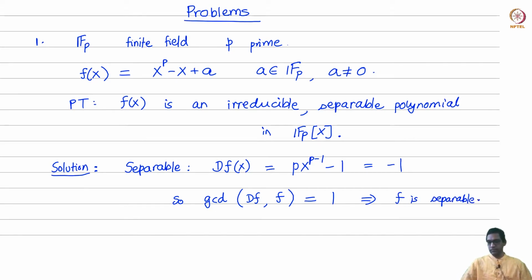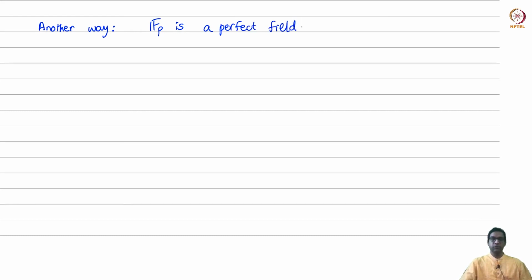Here I've used the criterion for separability in terms of the derivative. But there's another way of doing this. Recall we are asked to show two things: that it is irreducible as well as separable. Another approach is the following. Recall that Fp is a perfect field, which meant that the Frobenius automorphism, the map which sends every element to the pth power, is an isomorphism of this field.